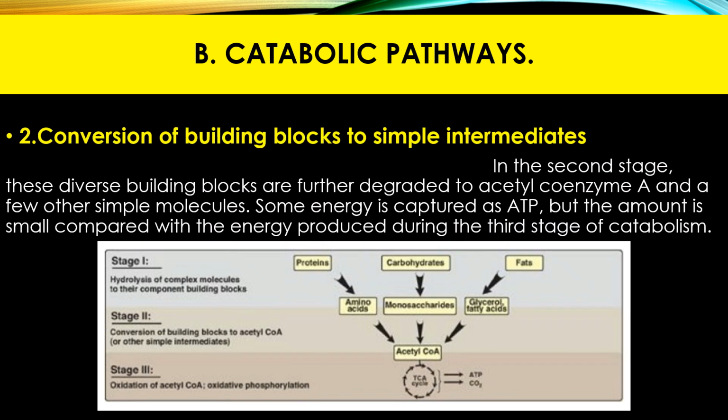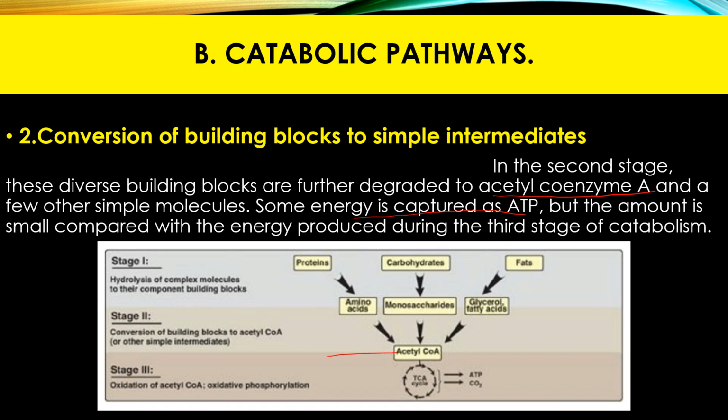In the catabolic pathway, the second step is the conversion of the building blocks into simpler ones, as I have already discussed with you, ultimately into acetyl coenzyme A and a few other molecules. Some energy is captured as ATP, because at this level we haven't obtained the full form of the energy yet.